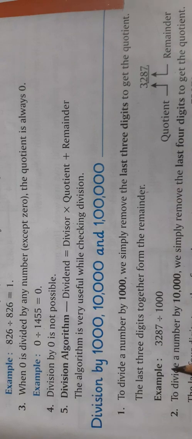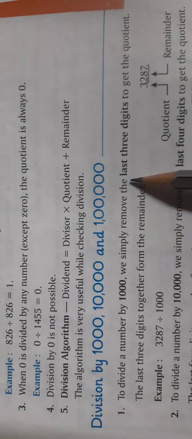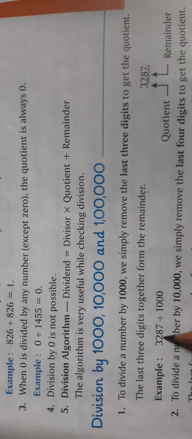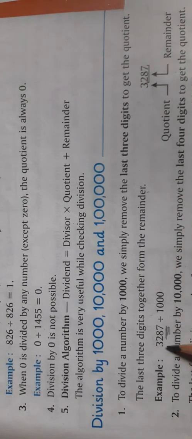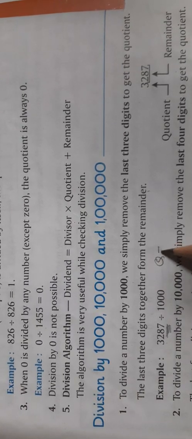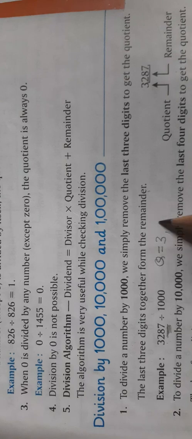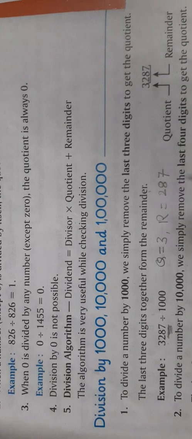For example, when 3287 is divided by 1000, we simply remove the last 3 digits. It means 287 we write as a remainder and 3 as a quotient. So quotient is equal to 3 and remainder is equal to 287.